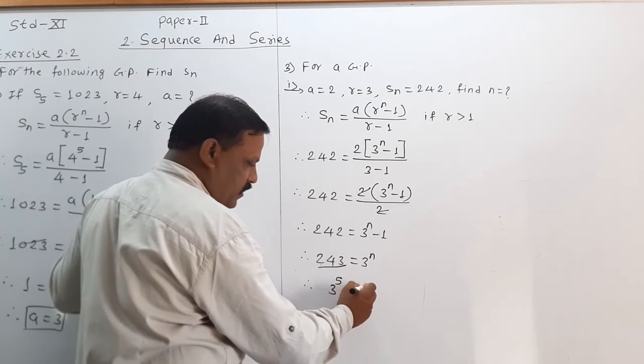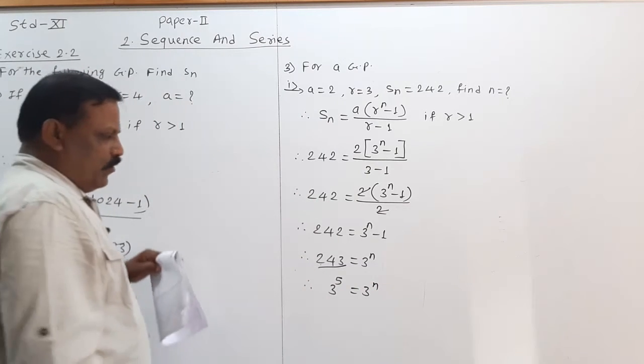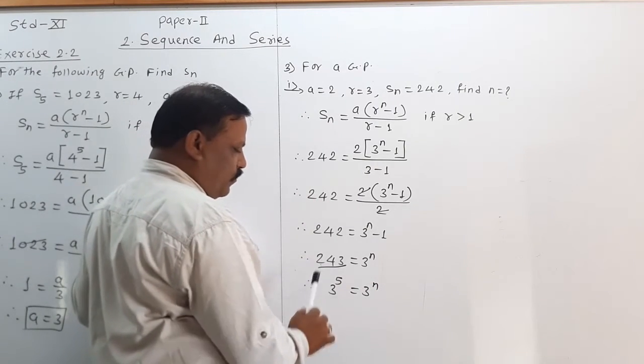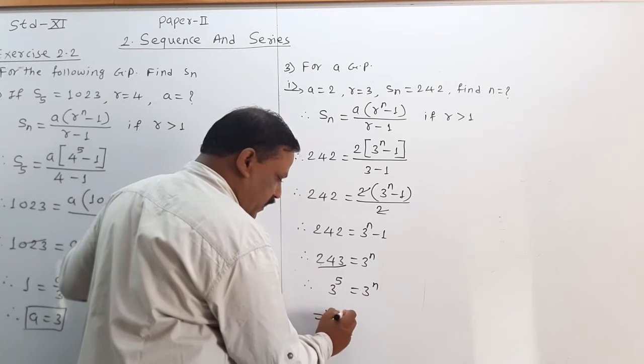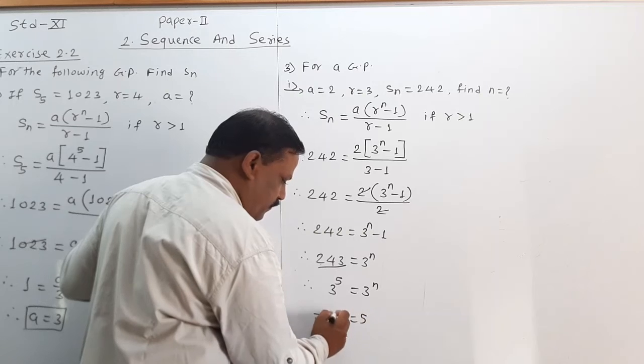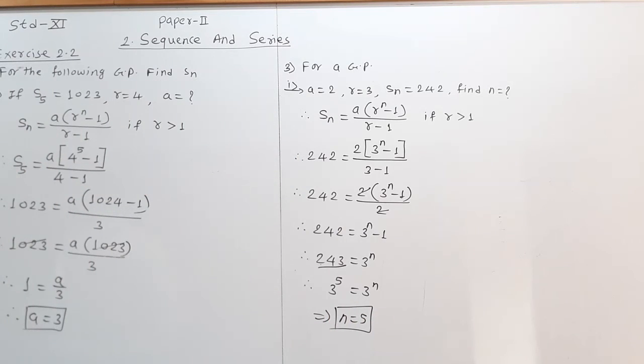243 means 3 raised to how much? 5. की जे आपण आताच पाठीमागच्या एक्झाम्पल मध्ये येतो. 243 means 3 raised to how much? 5. This implies that n equal to 5. N is equal to 5. So that is the required solution of this example.